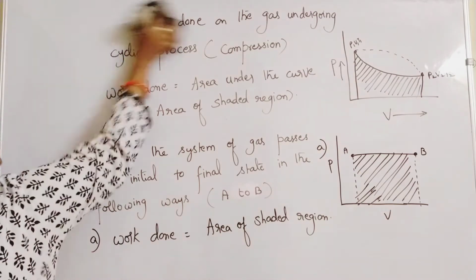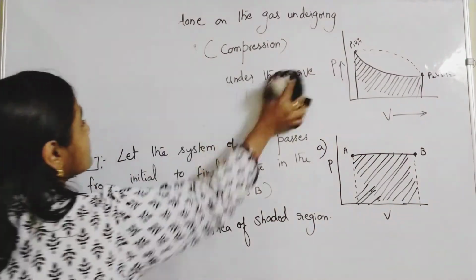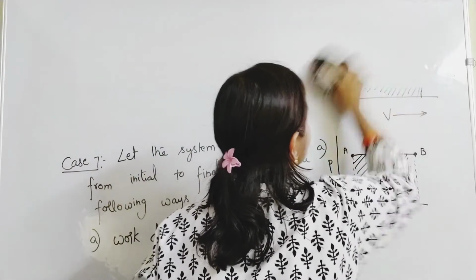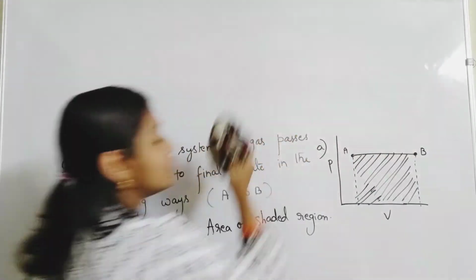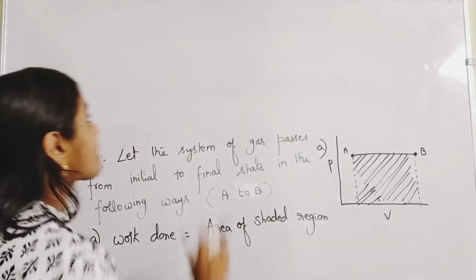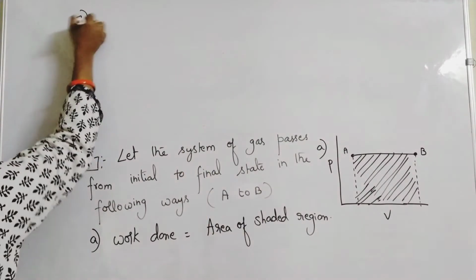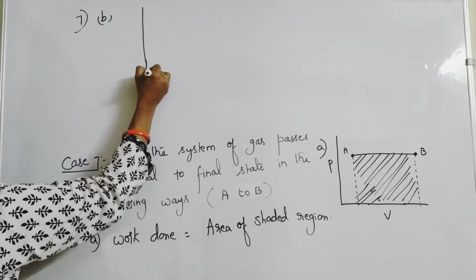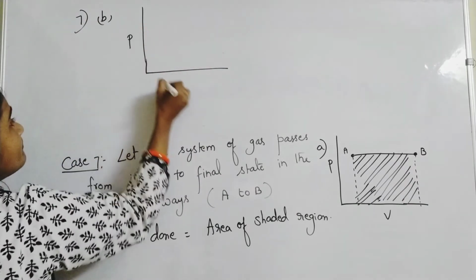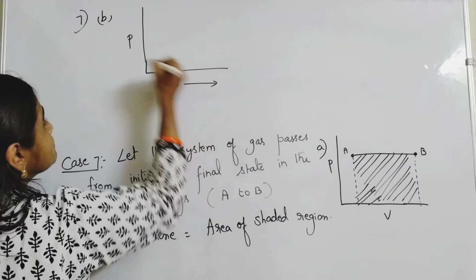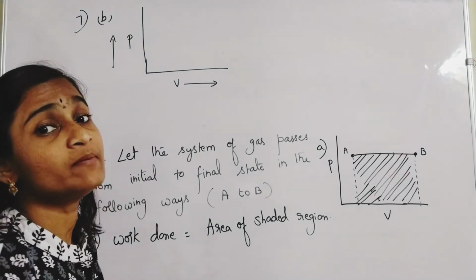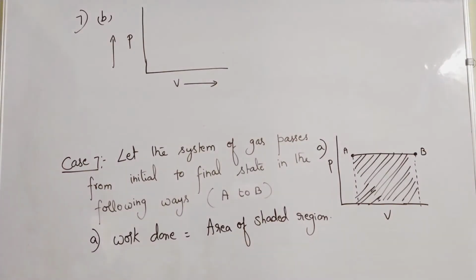In the 7th case, case B, the graph is given like this, between P and V, but points A and B are given in this way.